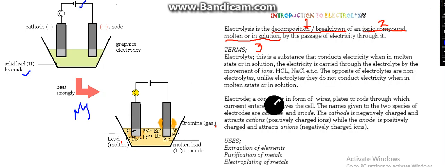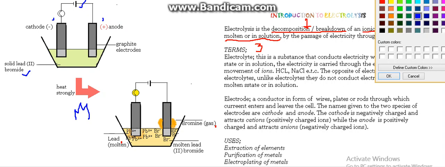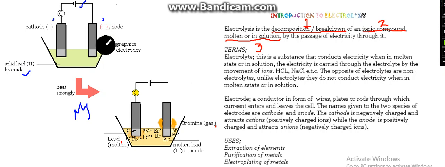The electrode: a conductor in the form of wires, plates, or rods through which current enters and leaves the cell. The names given to the two species of electrodes are cathode and anode. This is a very funny and intriguing part, because the cathode is negative, right? But positive ions come to it. Positive ions are the cations, but it's negative.